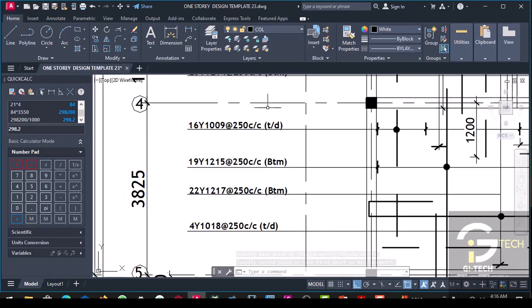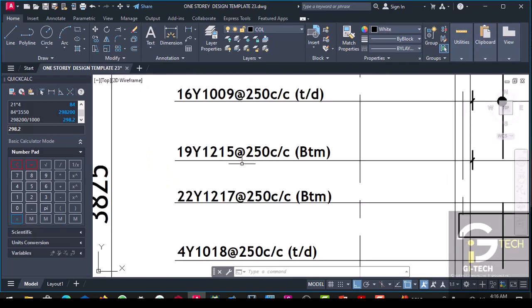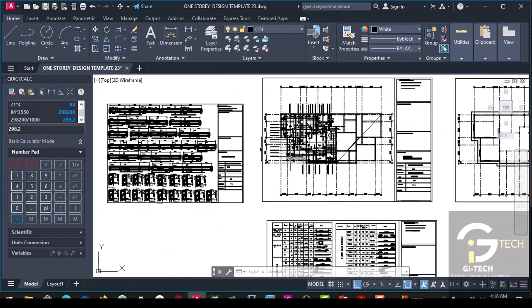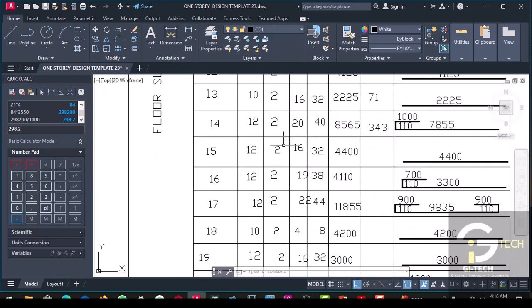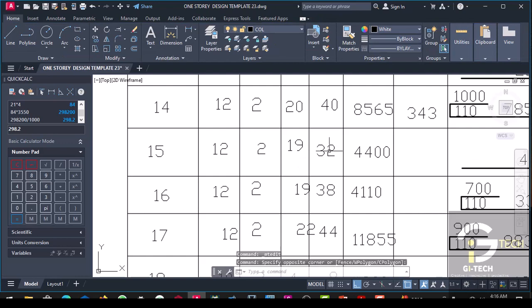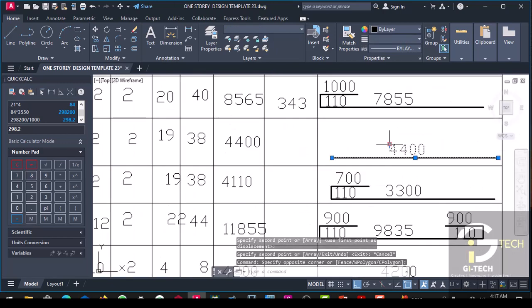So what are the numbers of reinforcement? It is bottom reinforcement 19. So the number in each is 19. This will give us 38.